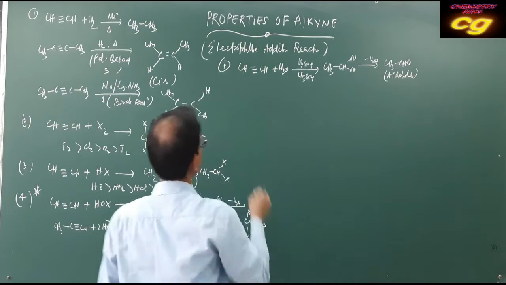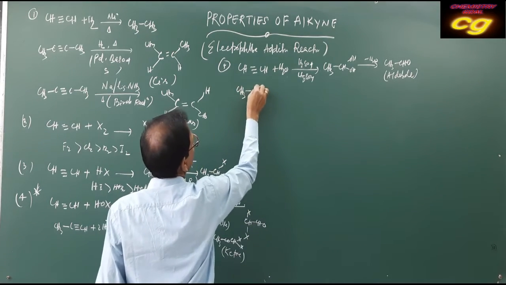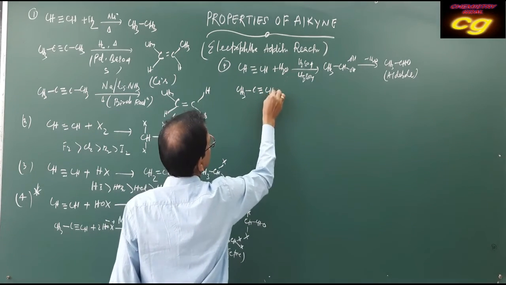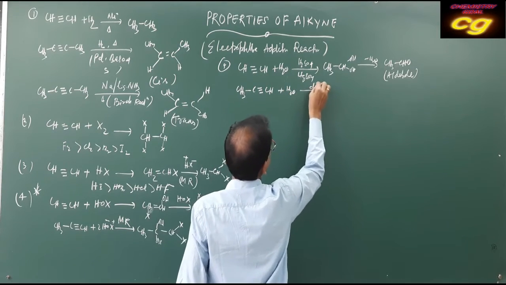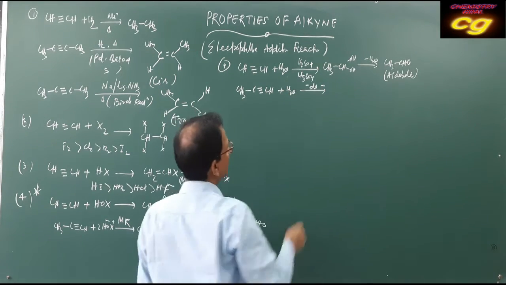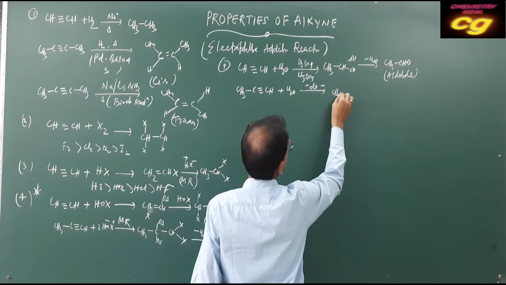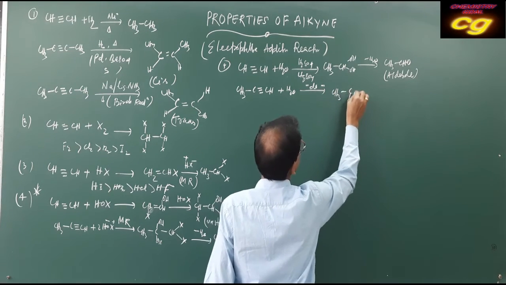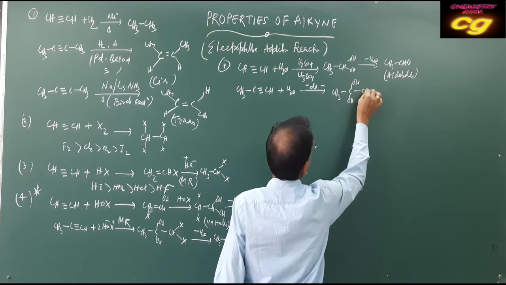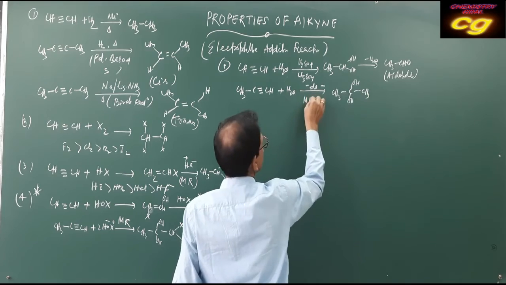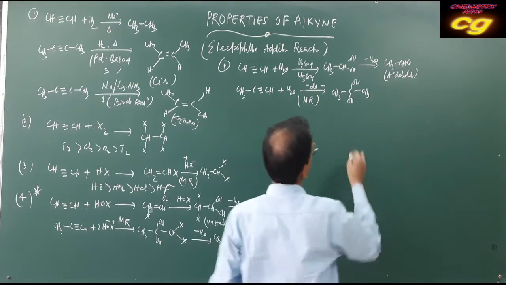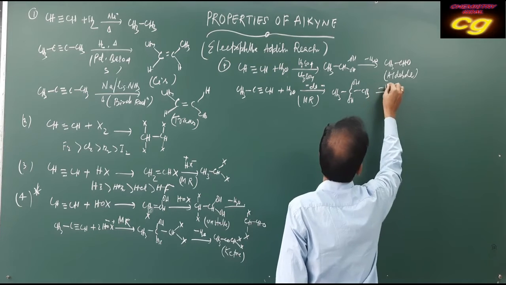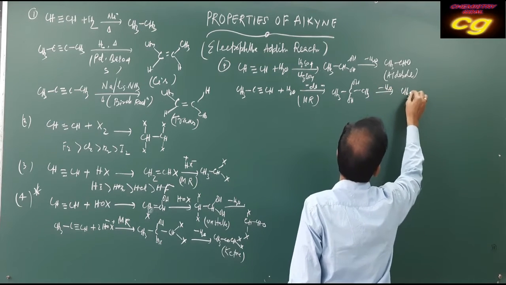But if it is other than acetylene, the same two molecules of water are added with the same reagent. Here the middle carbon takes the OH group, as per the Markovnikov rule, because it is unsymmetrical. The result will be loss of a water molecule. So it is a ketone.